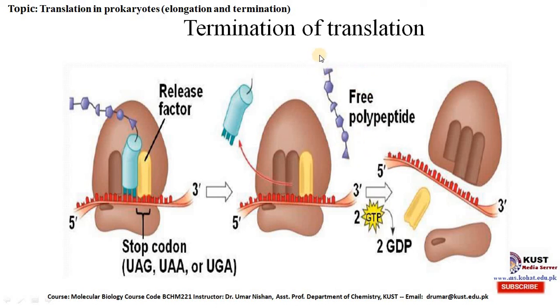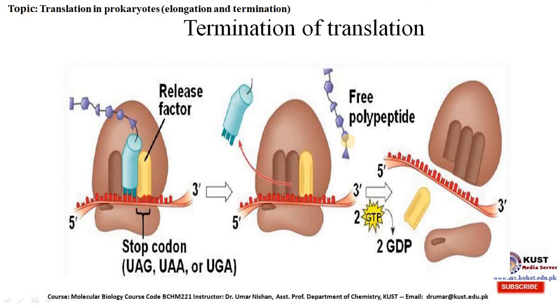So this is the free polypeptide that has been formed. The information was provided initially by the DNA, which was transcribed to messenger RNA, and then the messenger RNA, working as an intermediate, provided the information for the production of this free polypeptide.